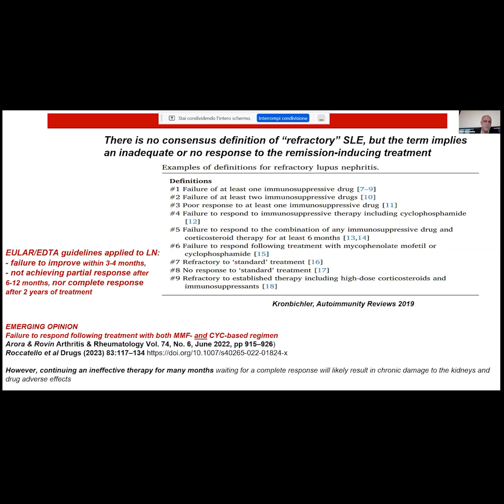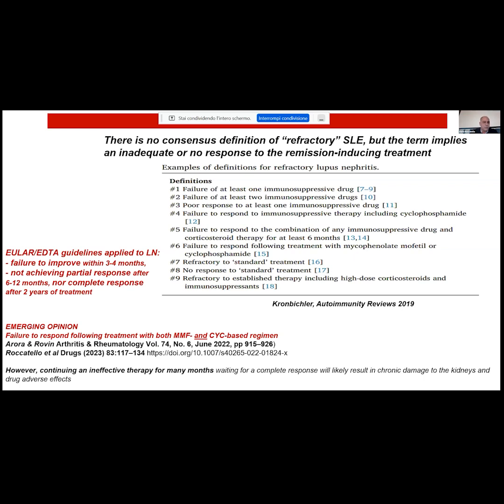An emerging opinion is that the failure to respond following treatment with both mycophenolate and the cyclophosphamide regimen for a long-lasting treatment of 1 year, 6 months plus 6 months, can be accepted as a definite criterion for defining refractory lupus.